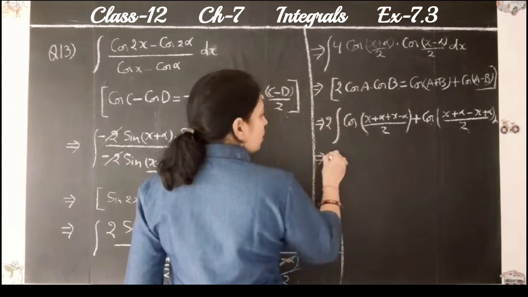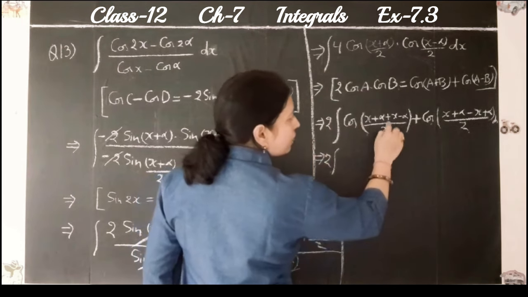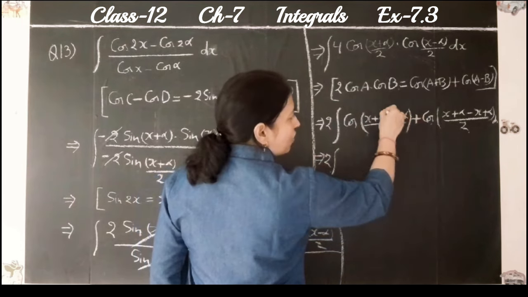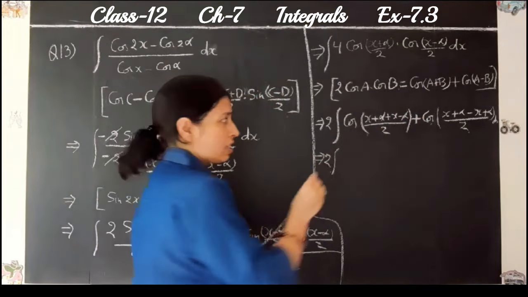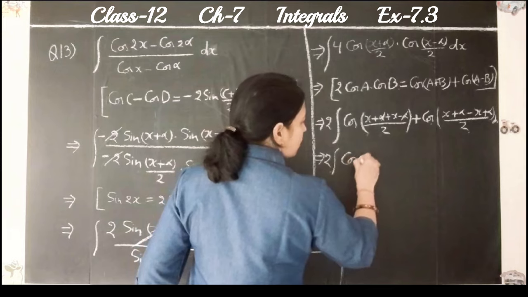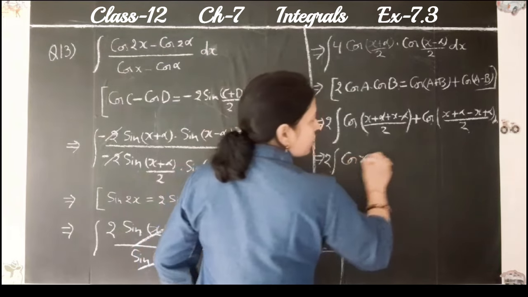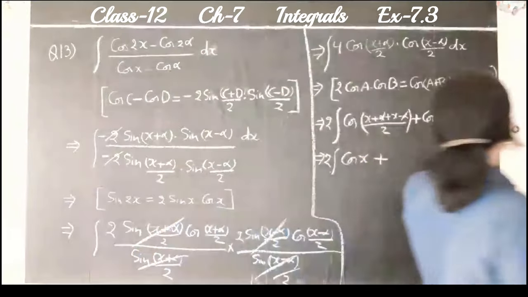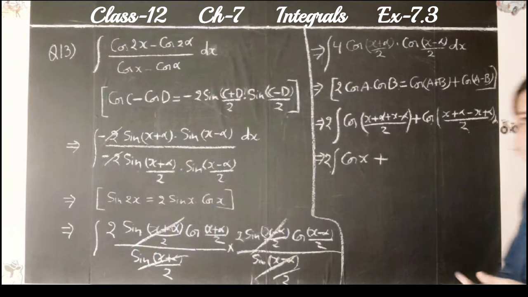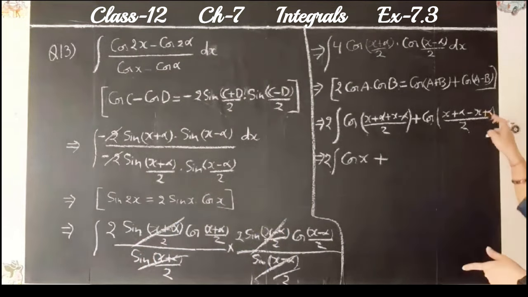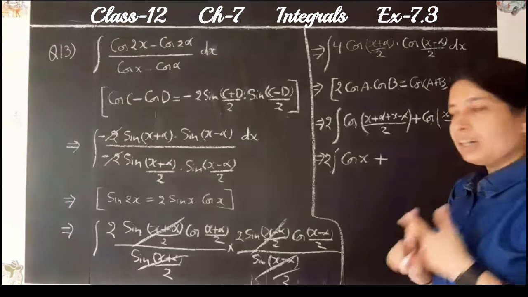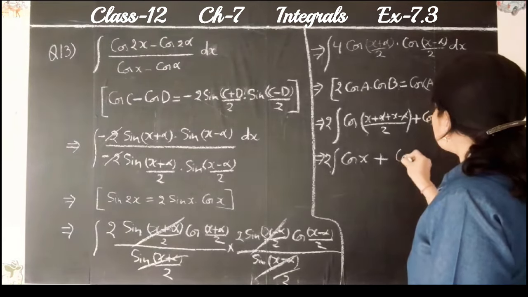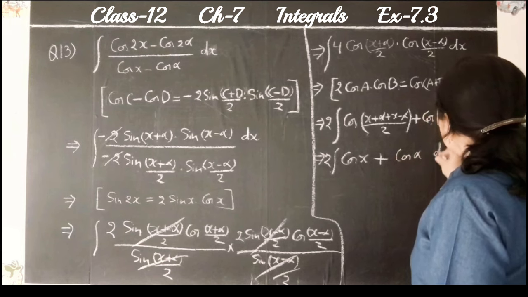So it will be 2 integral; plus alpha minus alpha will cancel. x plus x will be 2x, divided by 2 will be x. So it will be cos x plus, here it is x minus x, so x minus x will be 0. Alpha plus alpha will be 2 alpha, 2 alpha divided by 2 will be alpha. So it will be cos alpha dx.